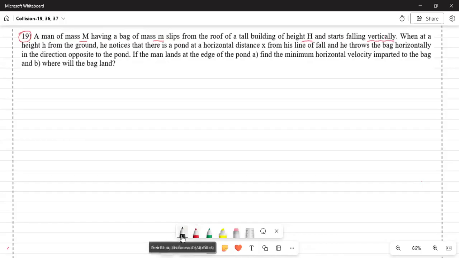So, for the diagram, suppose this is the man with the bag, total mass M plus small m, and he starts dropping vertically. Say this is the ground. And it is said that the height of this building is capital H.